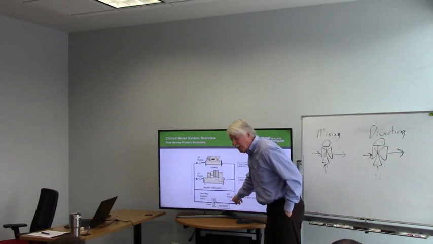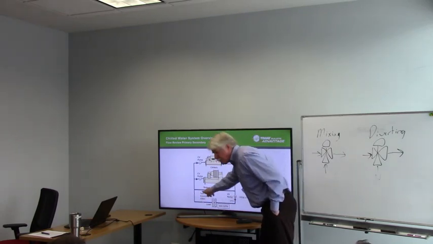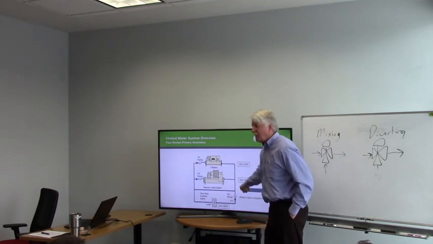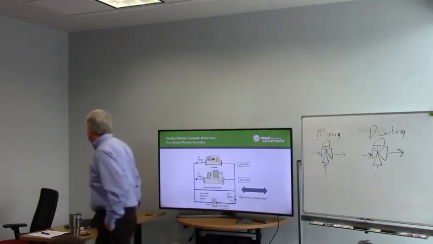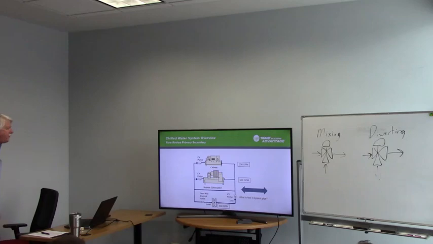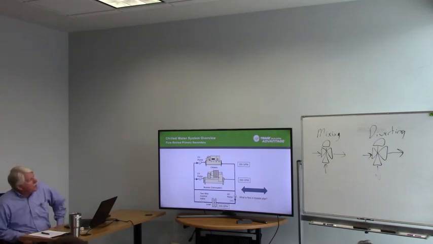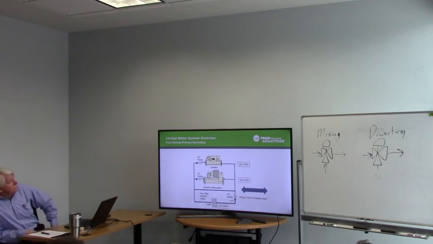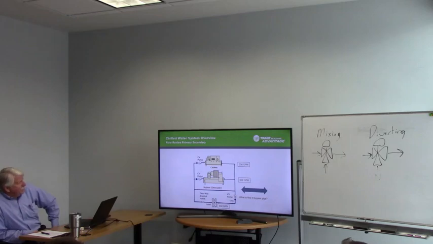This pump down here has a path through this bypass, so it can get as much water as it wants to handle. So, what is the flow in that bypass pipe right now? Which way is it going? That's a question. No, it's absolutely not a trick question. It's going right to left, okay?